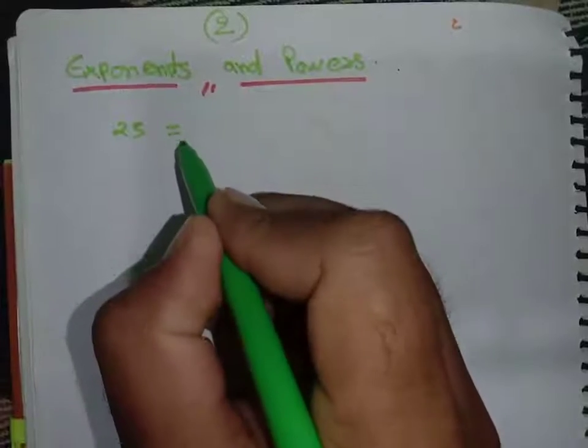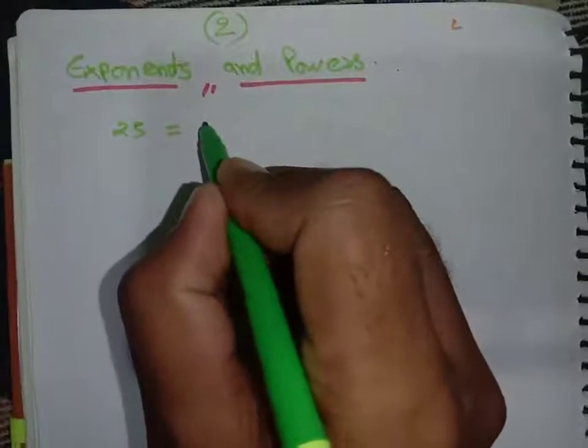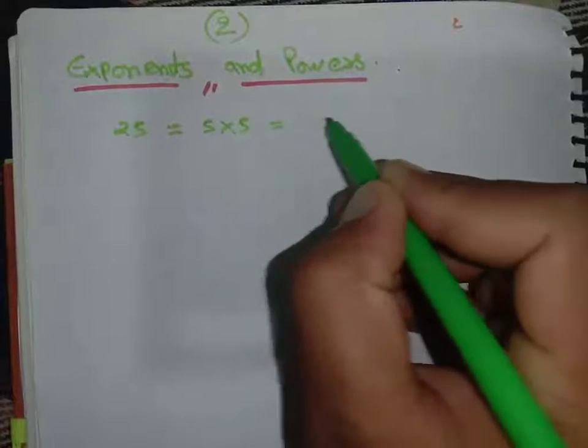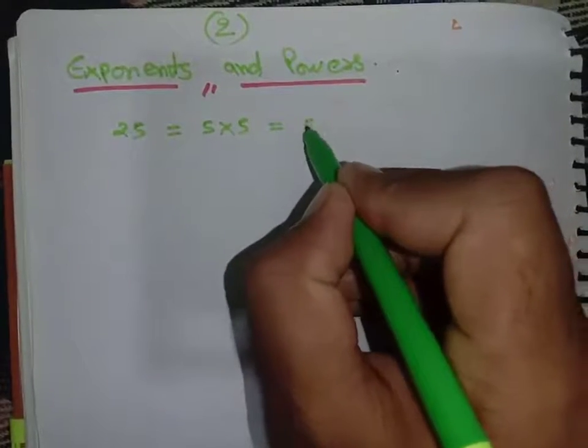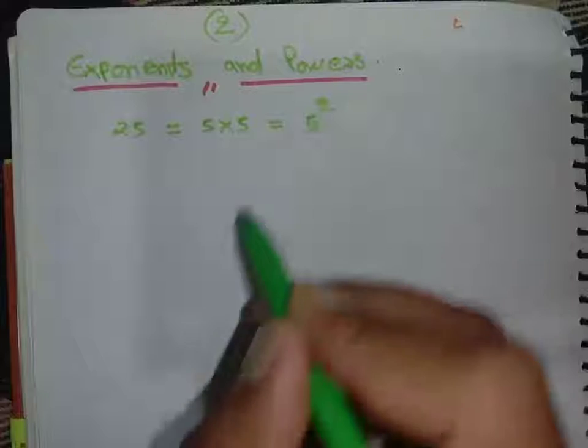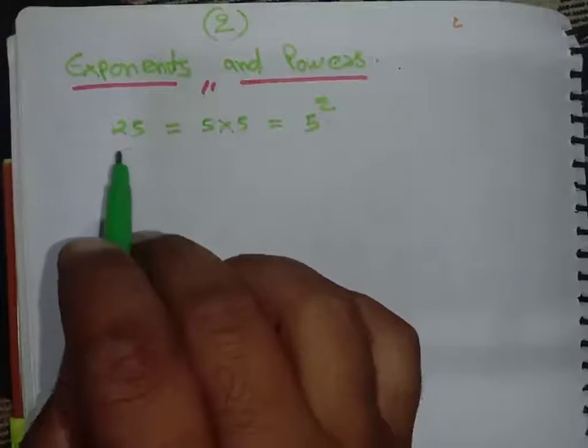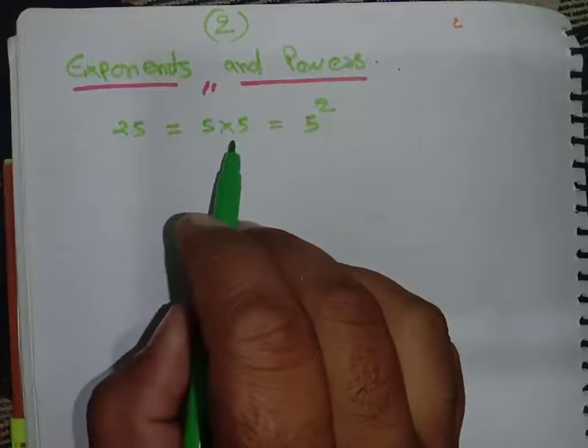25, we take the factors of 25: 5 into 5, and we also write this as 5 to the power 2. This number 25 is equal to 5 into 5.